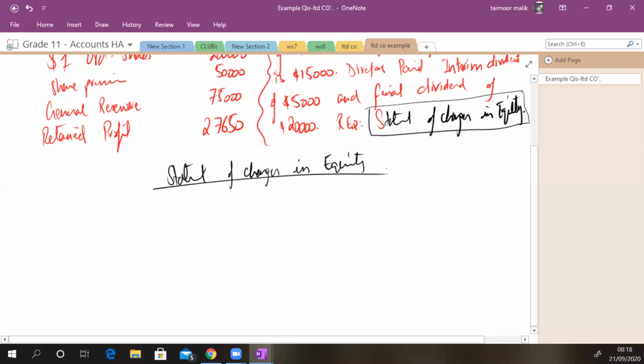You only take things which appear in the equity, which are ordinary shares, share premium, general reserve, retained profits, and finally the column of total.